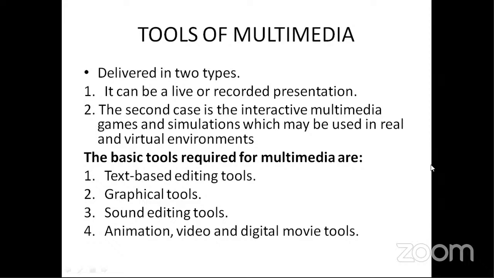Animation, video, and digital movie tools. Why do they use this? To edit the video. To edit the video, we use movie tools like Adobe Premiere. All these things come under movie tools. In sound editing also, you have many tools like Nuendo. All these will come under the sound editing tools. Using these editing tools, these software, they edit the text, graphics, sound, and video.